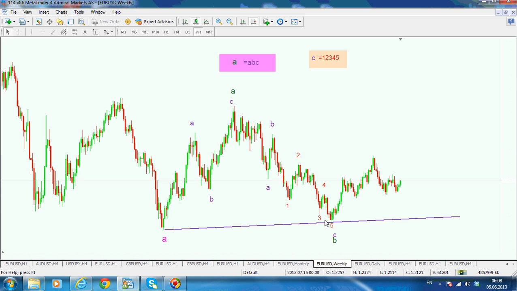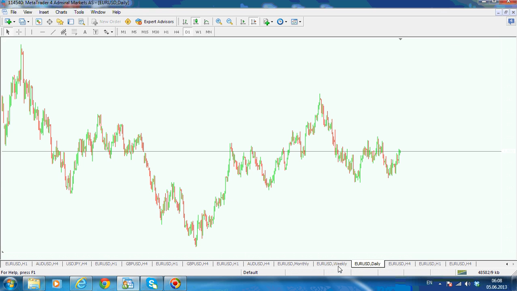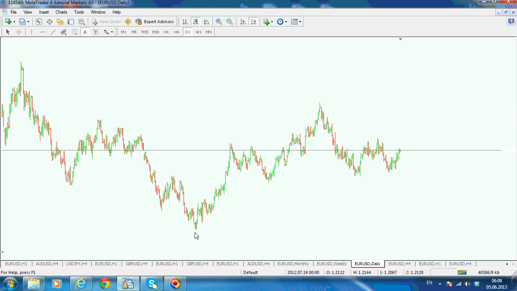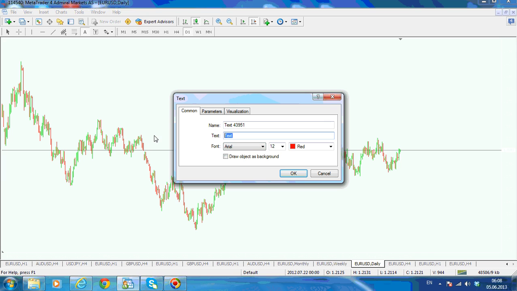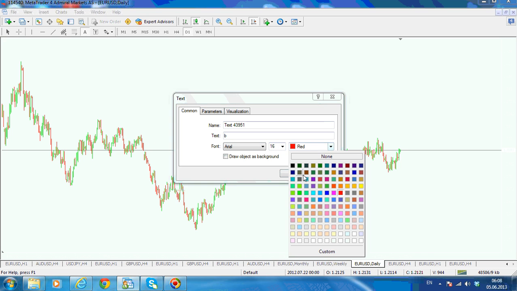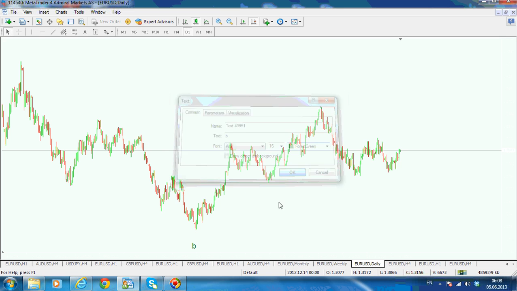So from this moment on, from the green B wave, this should be our starting point, the B wave of 16, green.